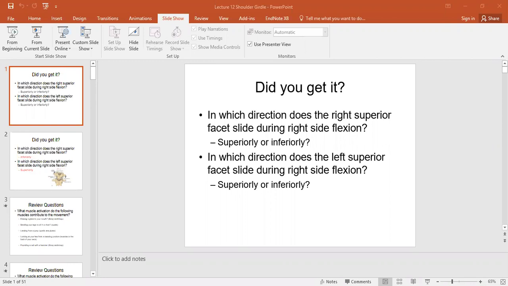So to help you remember the saddle joint position and the movements, you can take your left hand and put it where your manubrium would be. So in the direction of your manubrium. So you've got this concave surface, and then you've got this convex surface. And you take your other hand, and this is your clavicle. All right.